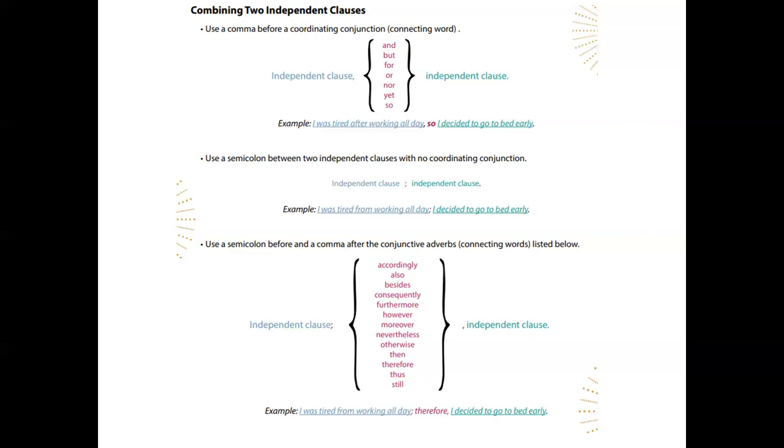For example, I was tired from working all day, semicolon, therefore, comma, I decided to go to bed early. Let's take it bit by bit. I was tired from working all day is the independent clause. Since we have two independent clauses, let's use a semicolon. Let's apply number two.